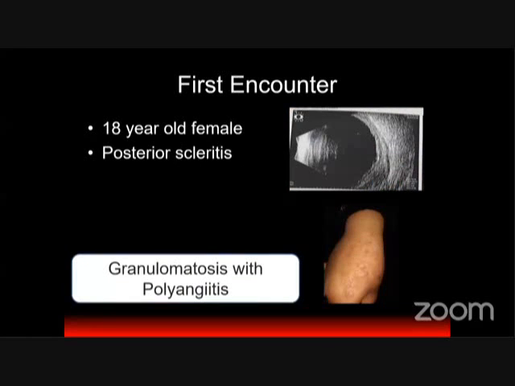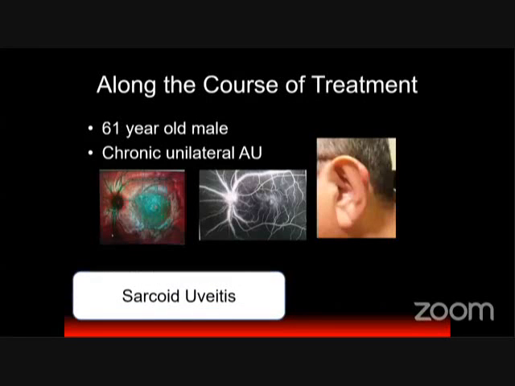A first encounter of an 18-year-old female with posterior scleritis. She has skin lesions that are macular, more necrotic in nature. This is GPA, what we used to call Wegener's granulomatosis, but it changed name to granulomatosis with polyangiitis. Also, this is what we were saying about flexibility. Along the course of the treatment, this is a patient who was under treatment for anterior uveitis.